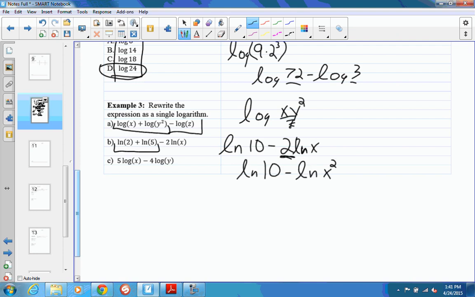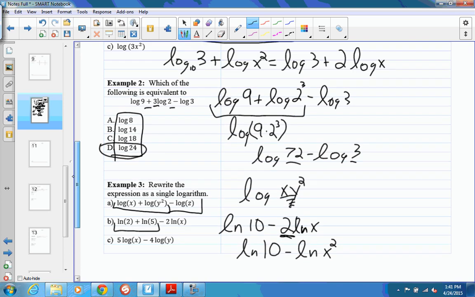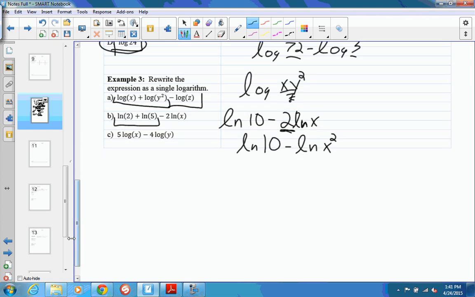Just like I did up here, I take that 2 and make it my exponent on x. So this is subtracting, so it's a quotient property: natural log of 10 over x squared.